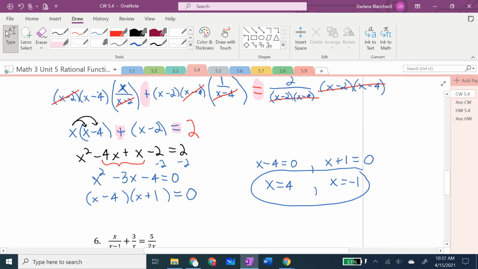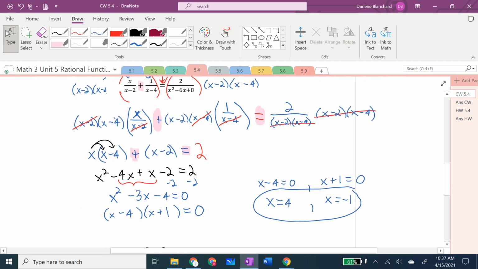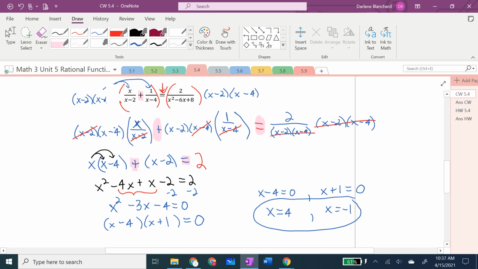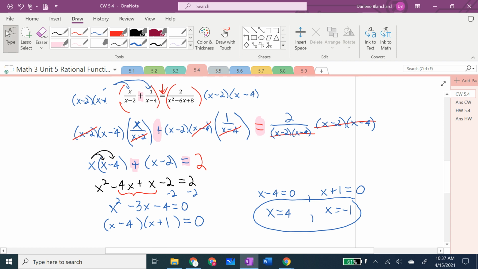So let's check what were our denominators in the first place. Do either of those make any of our denominators equal to 0? Uh-huh. What?